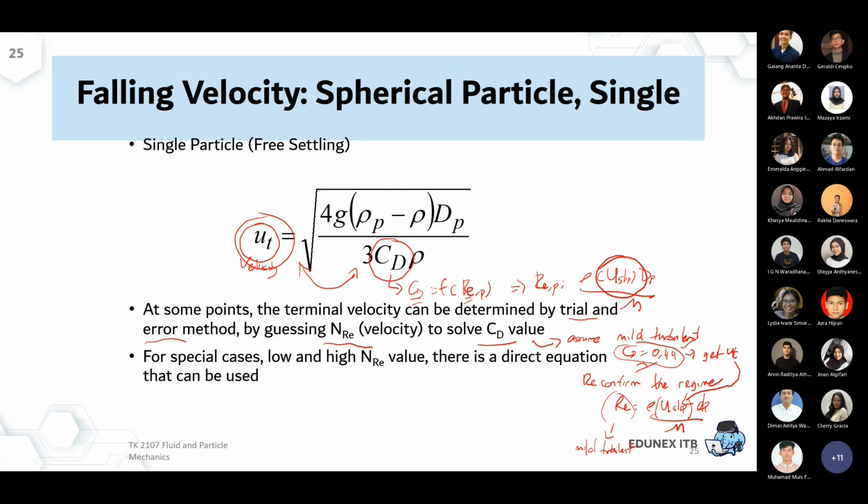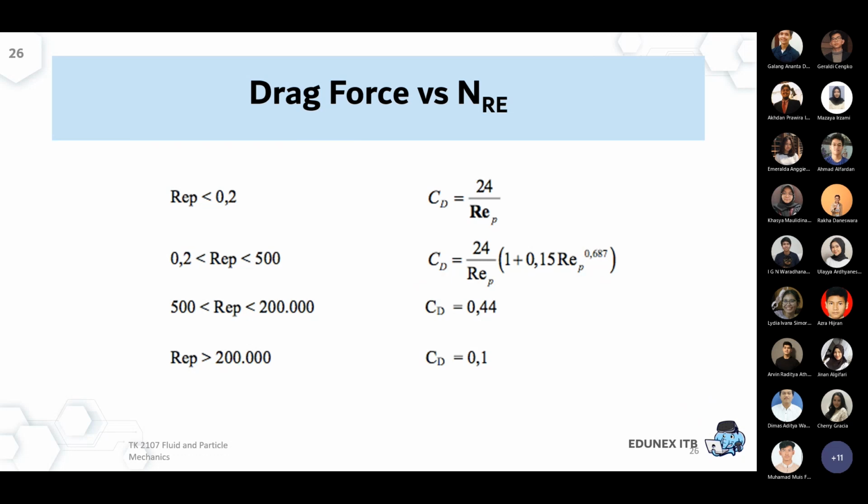So that's the common practice when we need to calculate terminal velocity. Assume some regime first. In that case, it's simple for you to get the CD, then calculate the UT, then reconfirm the Reynolds using the calculated UT, and so on.